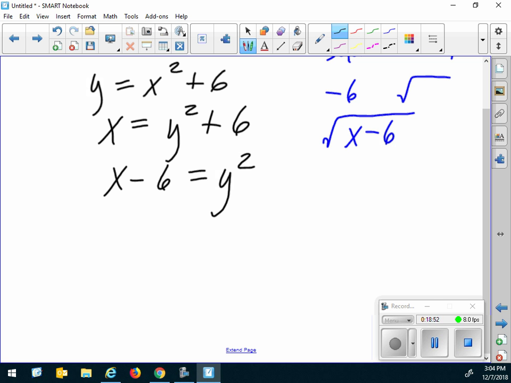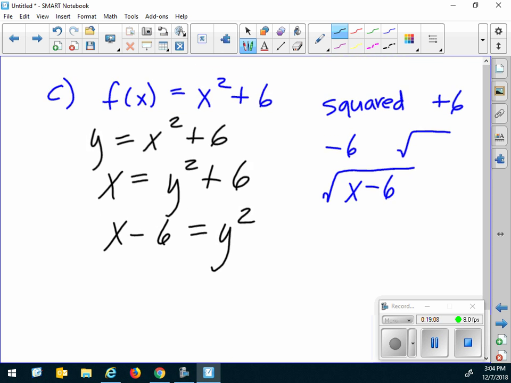When you take a square root, what else? Plus or minus. I don't have a plus or minus here, do I? Because here's the question. If I started with one number and I squared it and added 6, then when I undo it, I better end up with one number, the same number I started with.